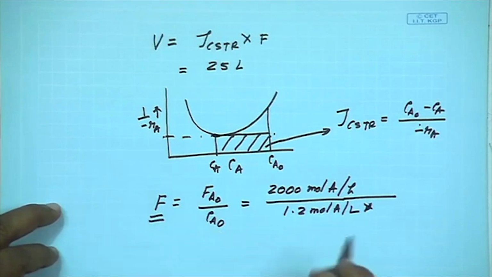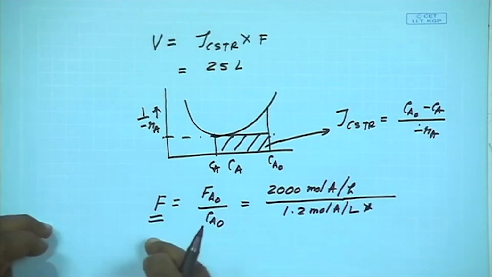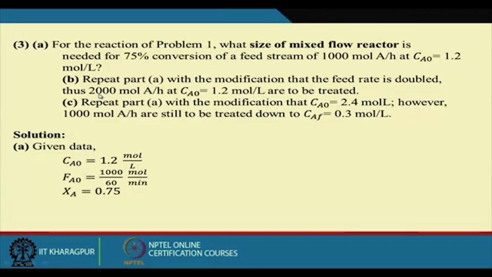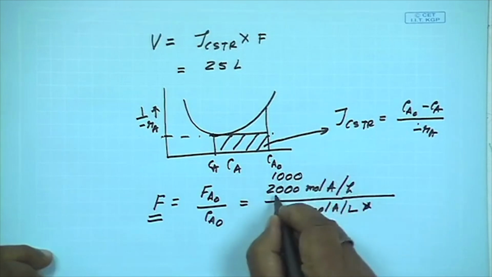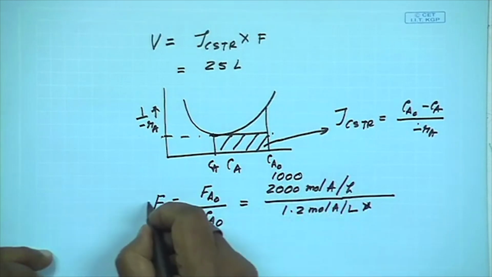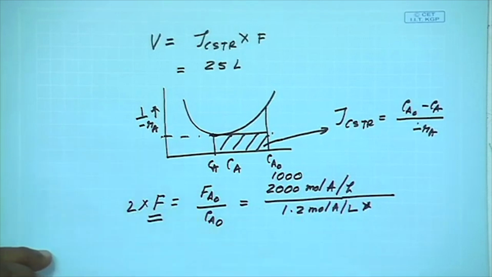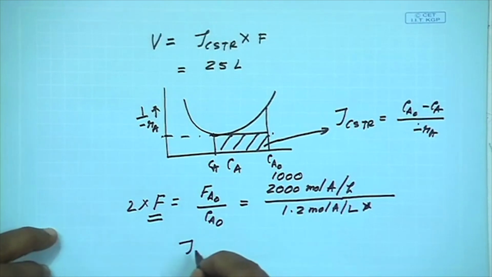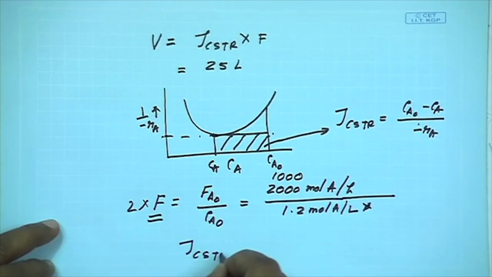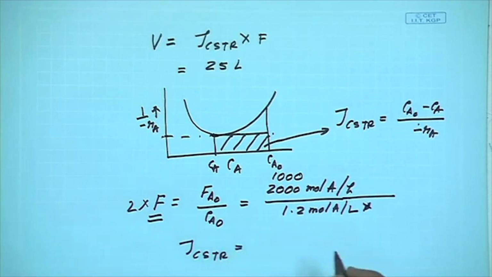What I wanted to tell is that when you increase this, previously it was 1000, now it is 2000, which means the flow rate is increased by 2. Am I right? So, your equation has the same value of tau CSTR, the same conversion.